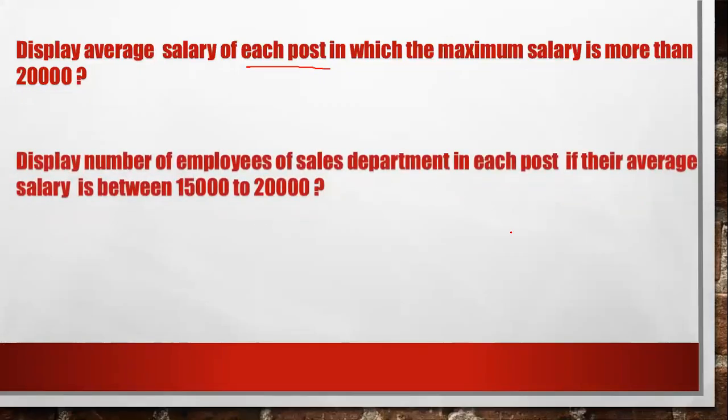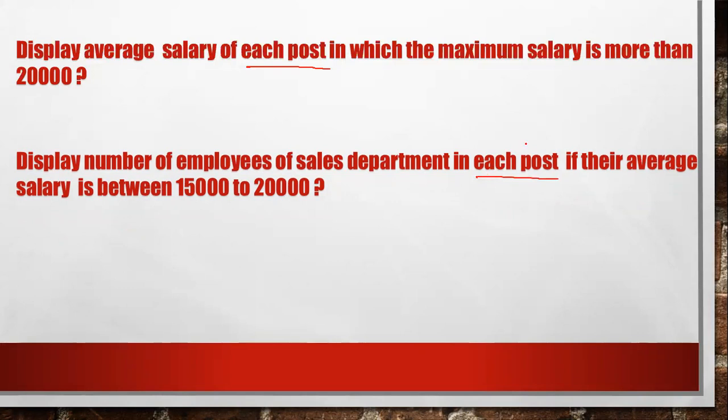Next one, display number of employees of sales department in each post. So over here we have to show the number of employees, okay, but only those employees which are from the sales department only. But obviously in the sales department there are some officers, some clerks, some managers, so that's why it is written in each post.